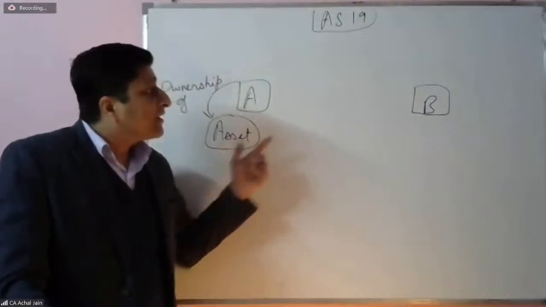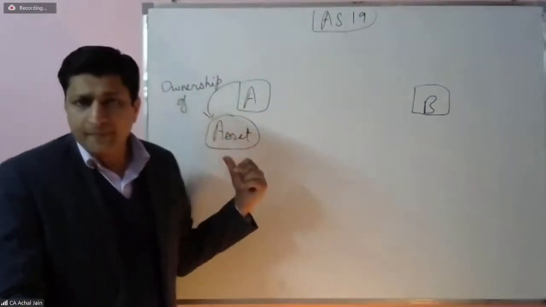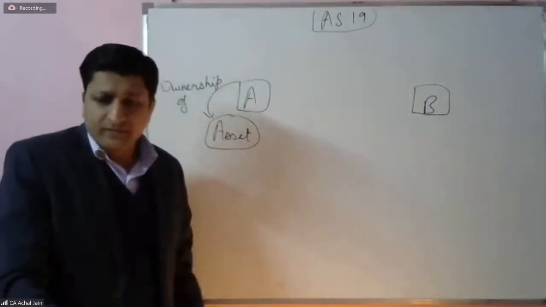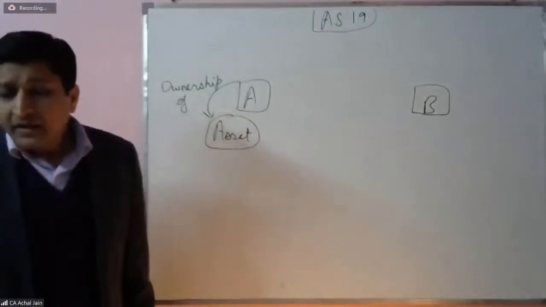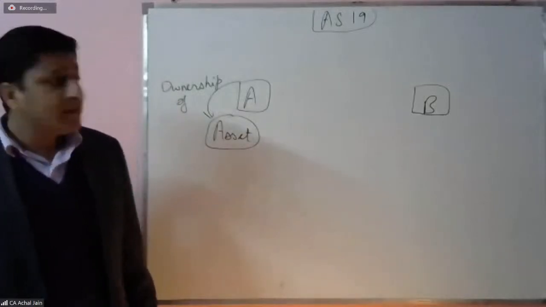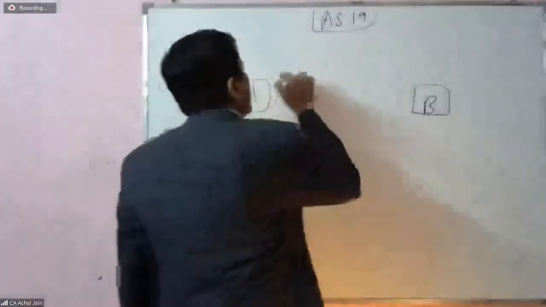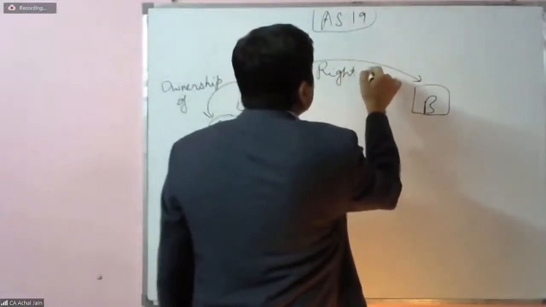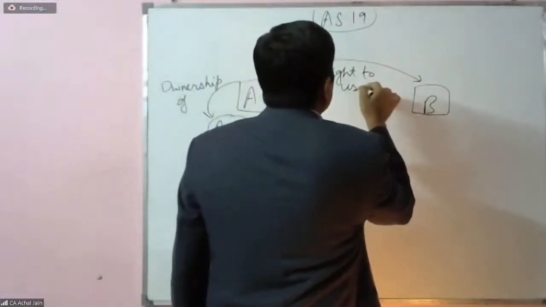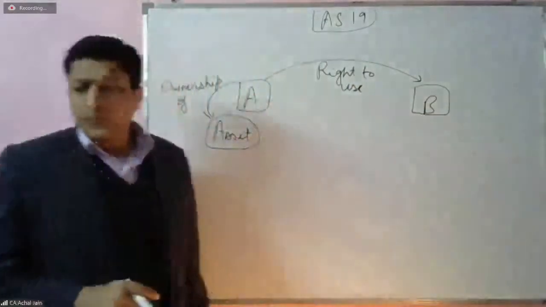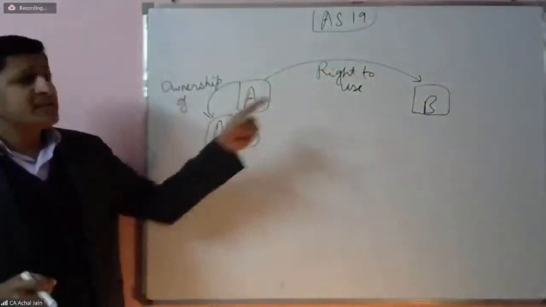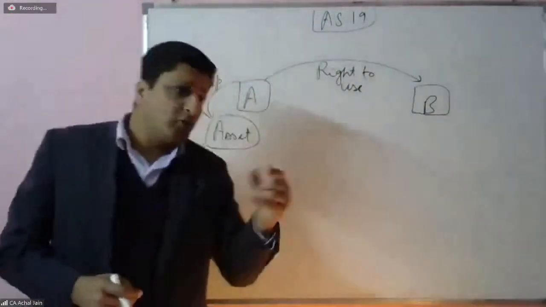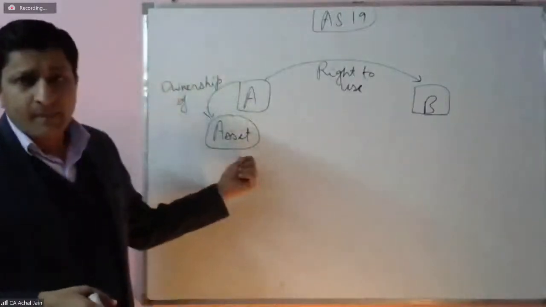So that's why B reaches out to A, through which A agrees to provide to B the right to use this asset.